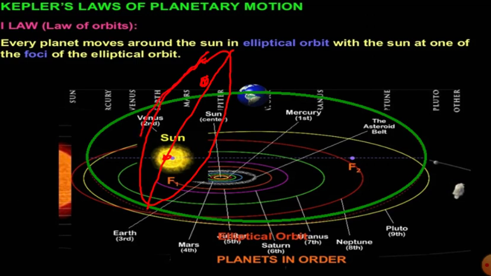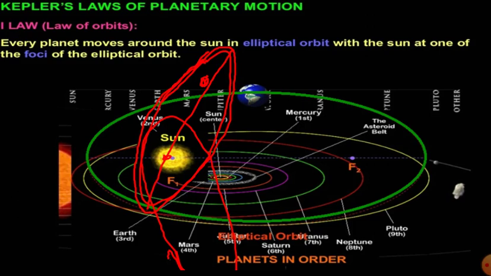This ellipse will be the orbit of that particular planet. Another may be like this in a different plane. It may not be just like this, but it will have a different plane.